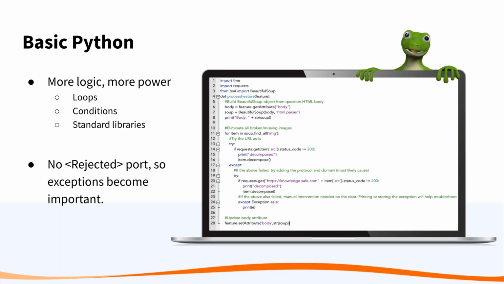Something downstream would catch any problems, and then I could just edit that image myself. In all cases, the last line resets my FME attribute to the BeautifulSoup object I was working with in the code, so I could update my body with the results from this code.